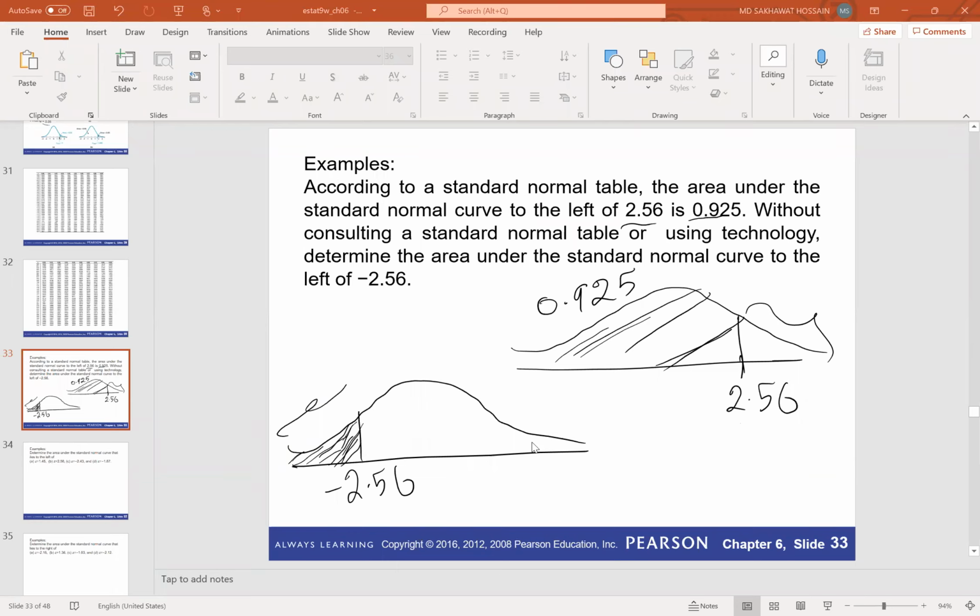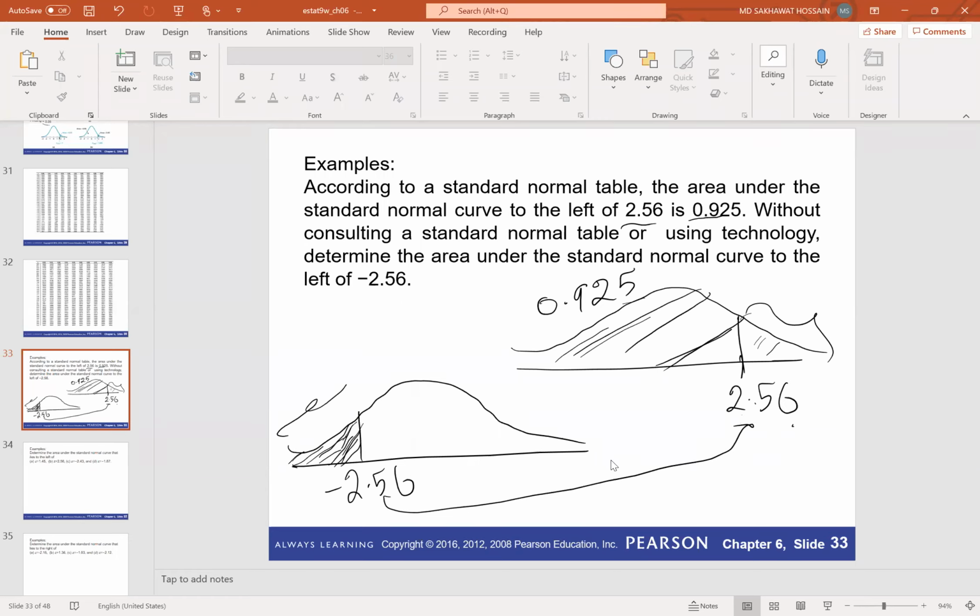You know that the total area is 1. So it will be just 1 minus 0.925. Yeah, that's correct. If you do 1 minus this, you will get the area on the right side of 2.56. And we know that this is symmetric, so this number and this number are the same but with opposite sign.